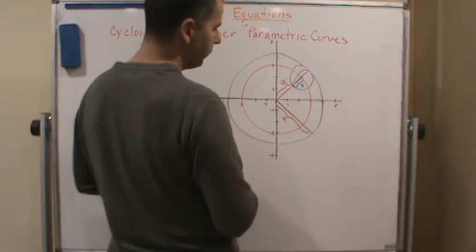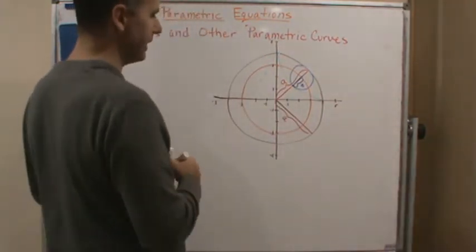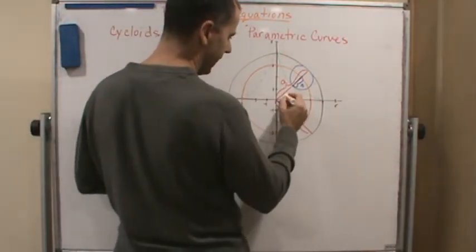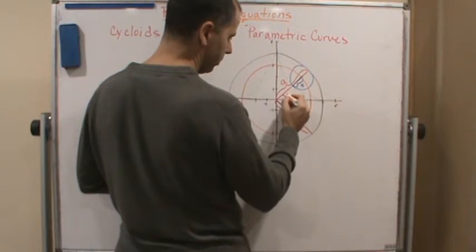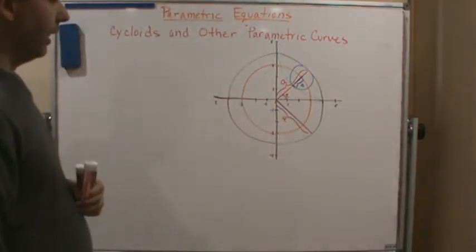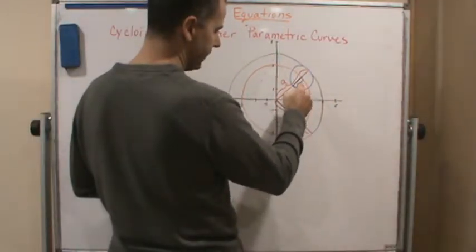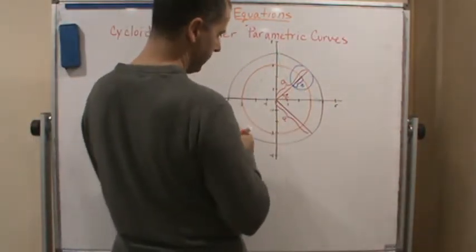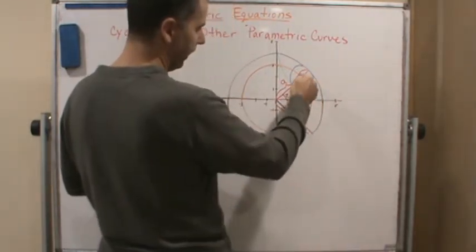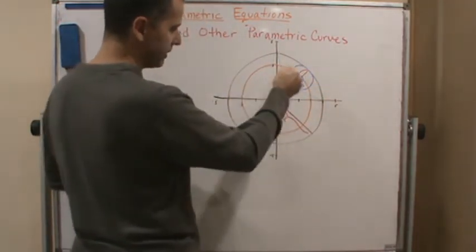Well, we can look at it as an angle, so we can have this angle t. And we can represent this as an x and a y coordinate. It's going to have a constant radius.